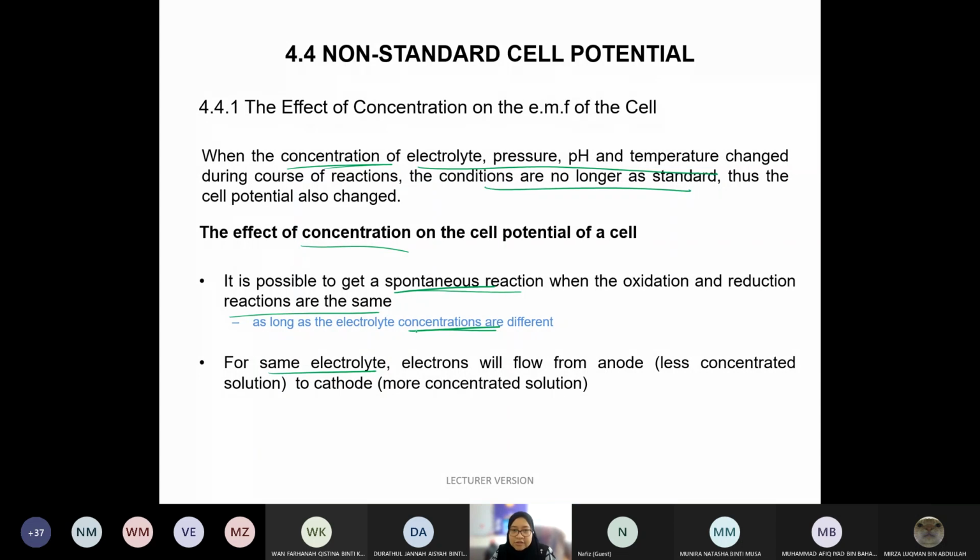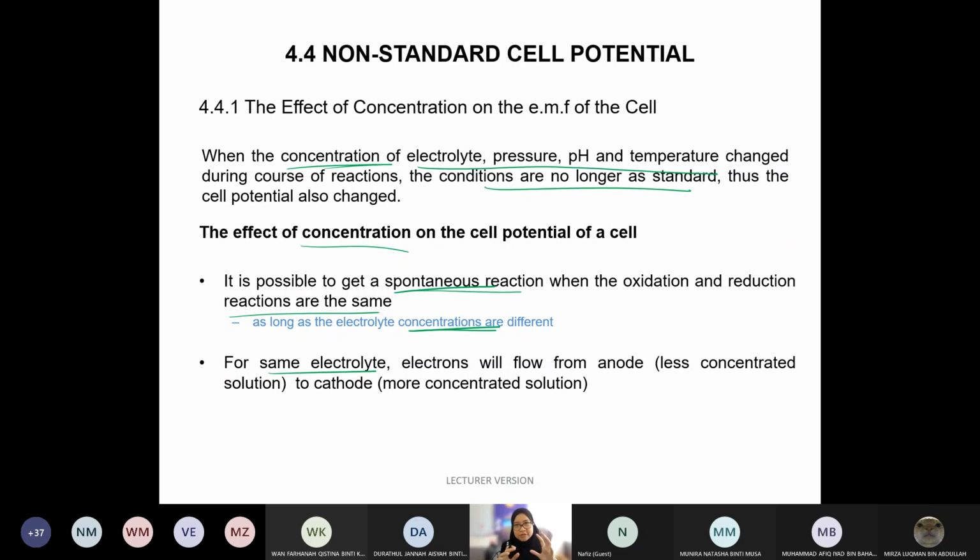Tadi dah cakap kan, as long as dia punya concentration berbeza, dia punya electrode sama tak apa. Okay, silver, tak apa. Dia punya solution concentration should be different. So kalau they have different concentrations, that means one of the solutions should be more concentrated than the other, ataupun one of the solutions should be less concentrated than the other.